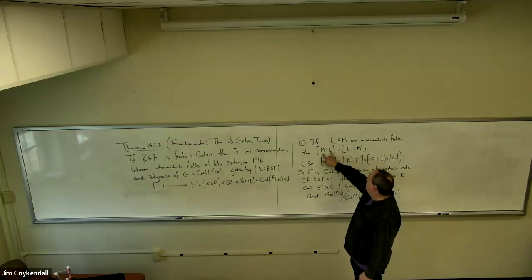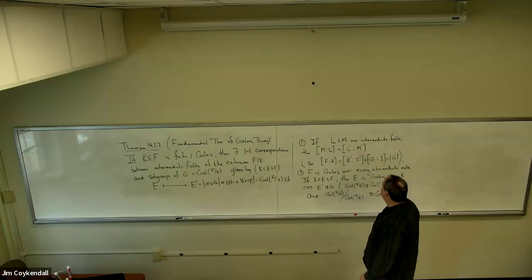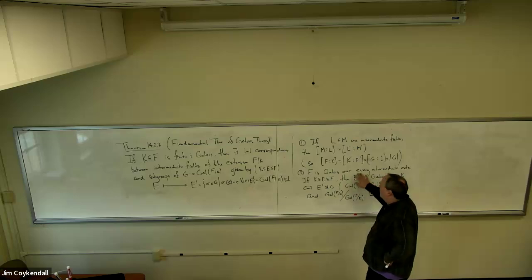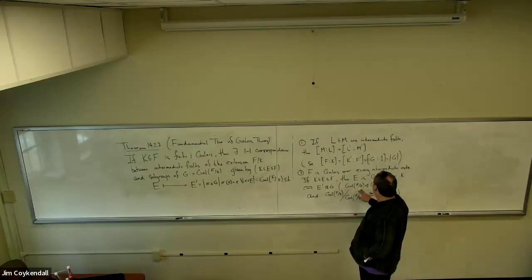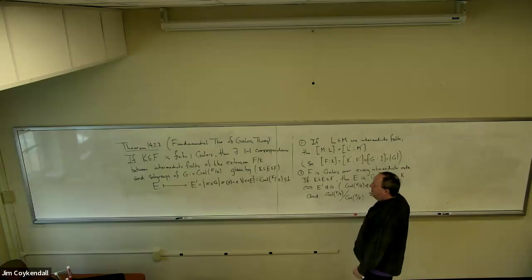The degrees of the extension are the same as the index of the primed fields, and this really highlights the special part about the normal. F is Galois over every intermediate extension, but for an intermediate field to be Galois over the base field, it has to correspond to a normal subgroup of the Galois group, and you get this quotient here.